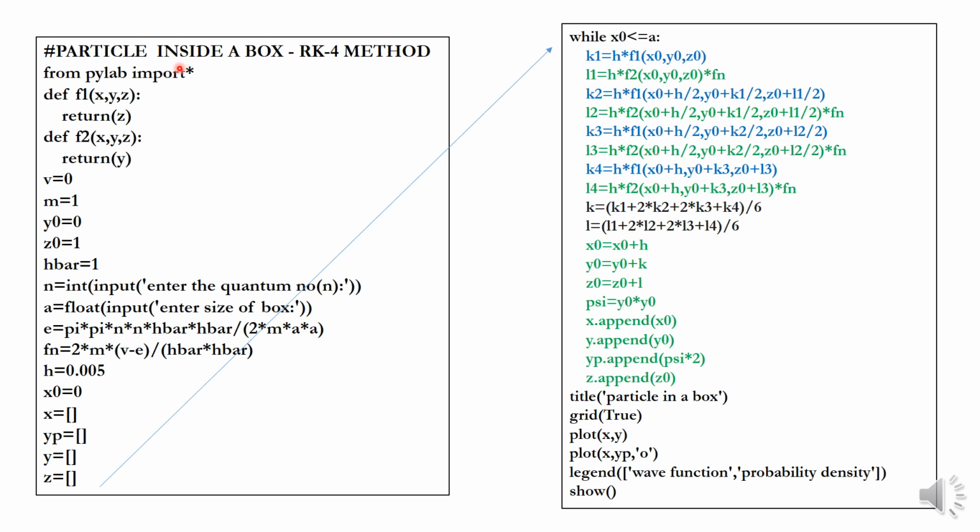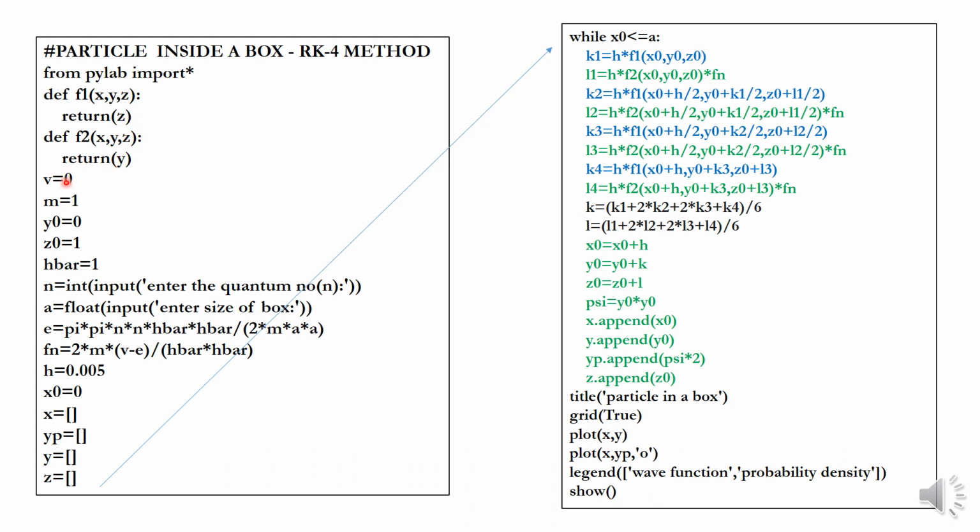The program is like this. We define the function f1(x, y, z), that is dpsi/dx, which returns z, and f2(x, y, z), that is d²psi/dx². Here y represents psi and z represents dpsi/dx.